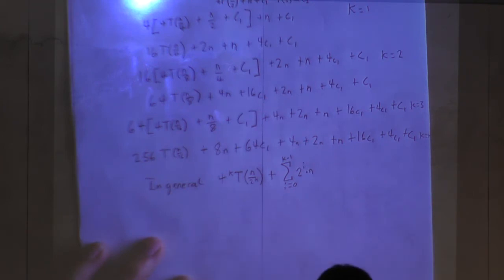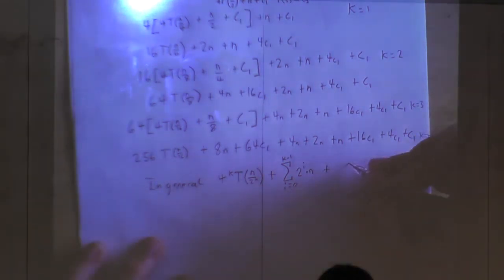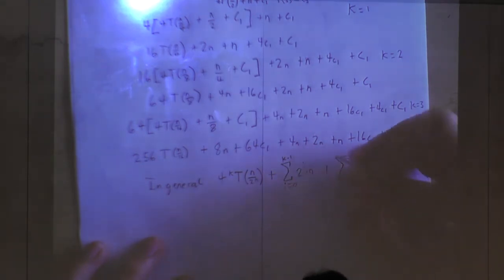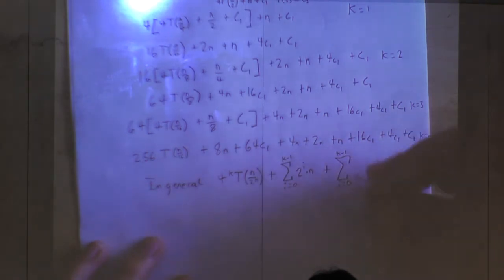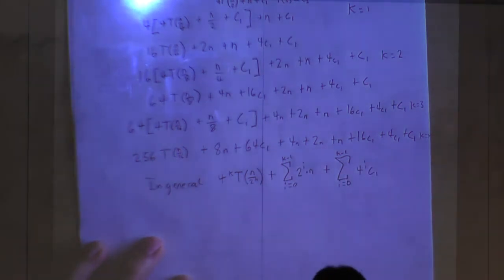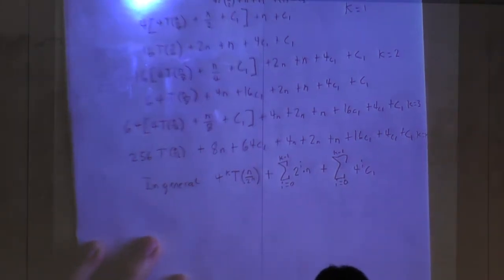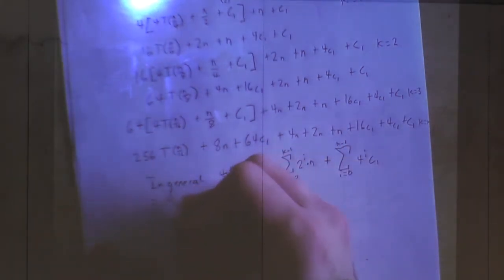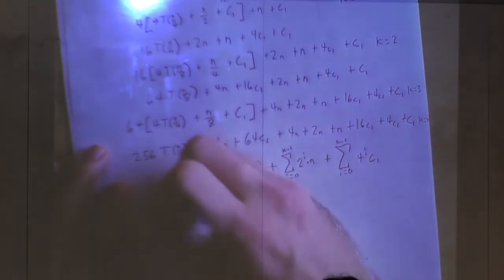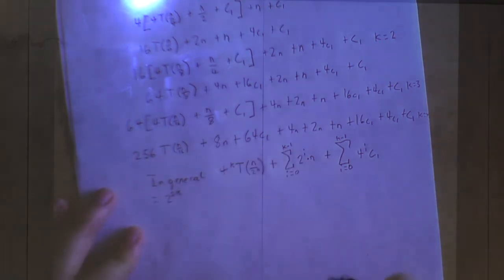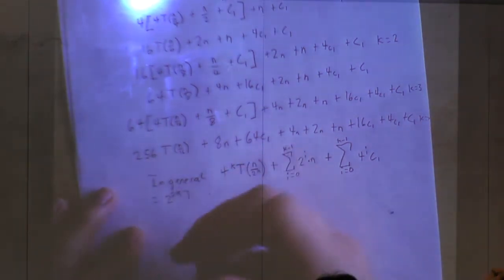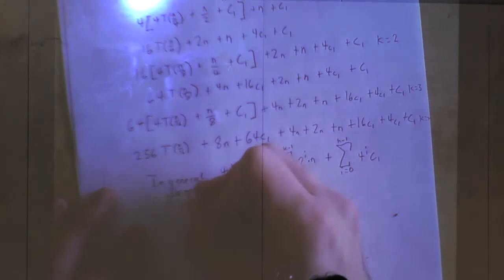Okay? So then the last one is going to be another summation. So we're going to get i equals 0 to k minus 1 of 4 to the i times c1. Okay? So now we can rewrite this a little bit, and we can get 2 to the 2k, right? T of n over 2 to the k.